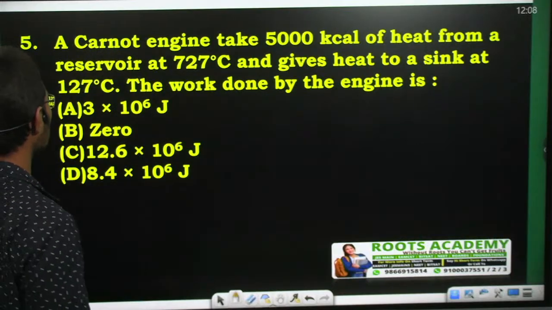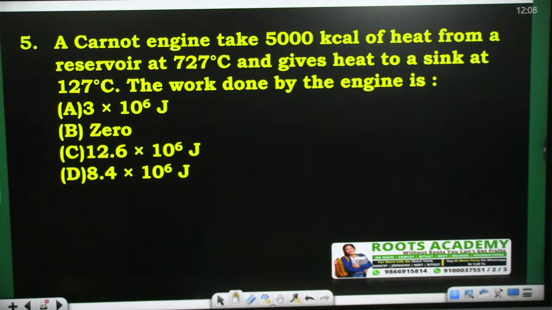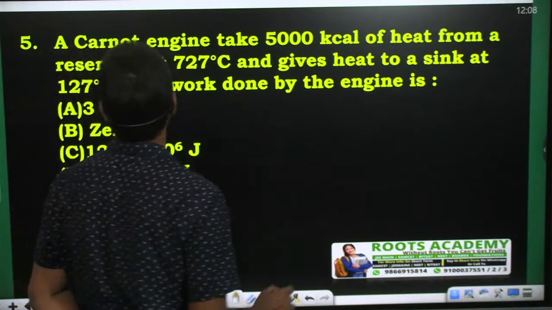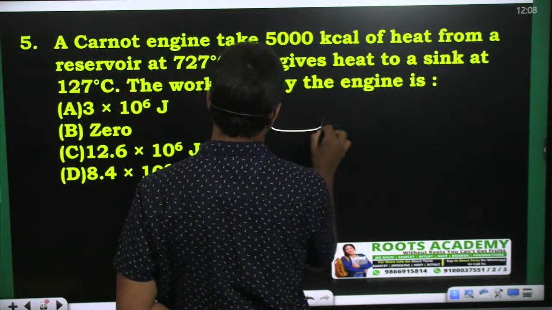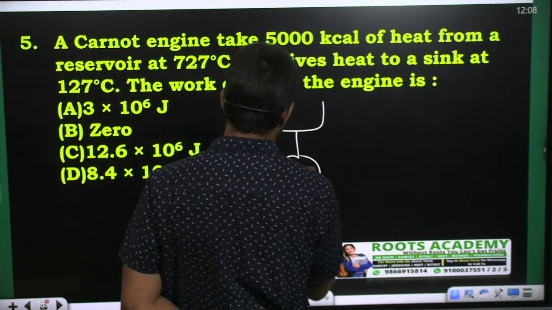Now let's look at the next question. A Carnot engine takes 5000 kilocalories of heat from a reservoir. Let us consider it as a reservoir with a heat engine.